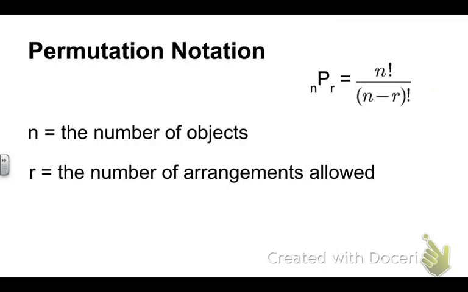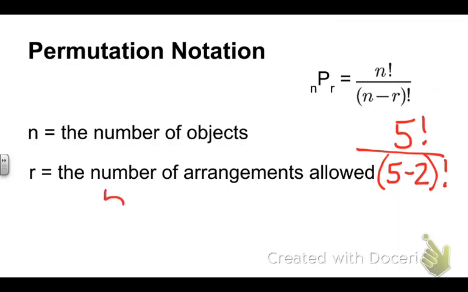So what you would actually have with that formula is 5 factorial all over 5 minus 2 factorial. So what that breaks down to, 5 factorial all over 3 factorial.